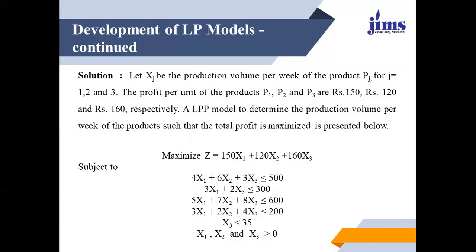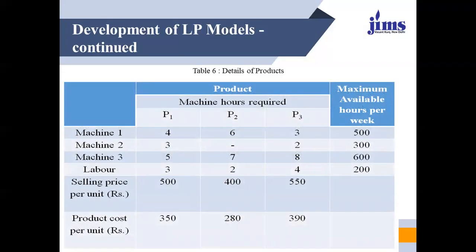Now we consider the resource constraints. What are the resource constraints? For machine 1, the total weekly hours available is 500, and for all these three products P1, P2, P3, you need 4 hours, 6 hours, and 3 hours of machine 1.